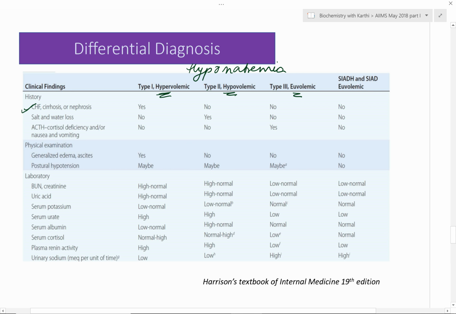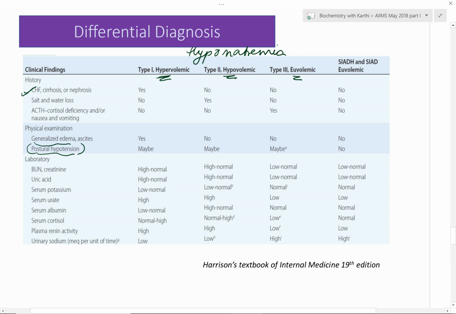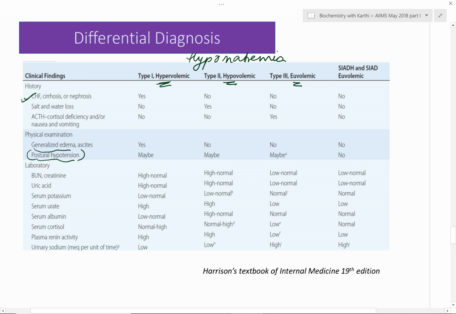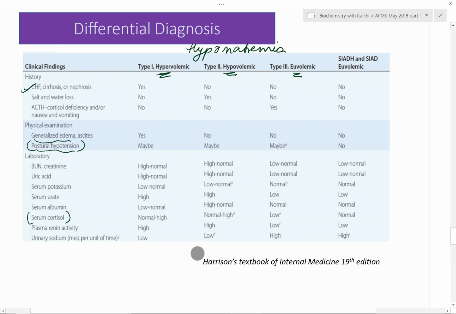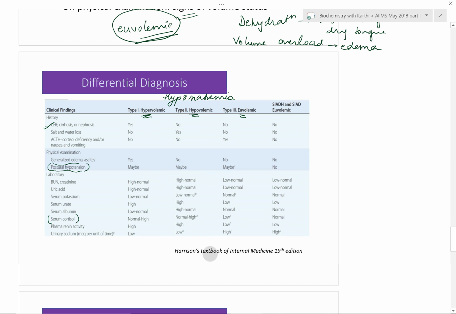In hypovolemic, you can have postural hypotension, which will basically signify a volume depleted status. Then there might be other causes of the loss in sodium, which can be due to adrenal cause, in which serum cortisol levels might help you. So you can look at all these parameters and decide what is the cause of the hyponatremia in patients and whether it is due to SIADH.